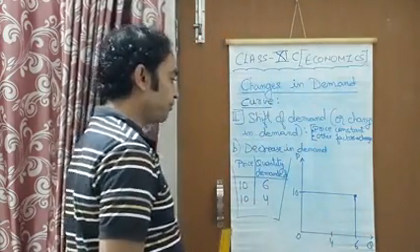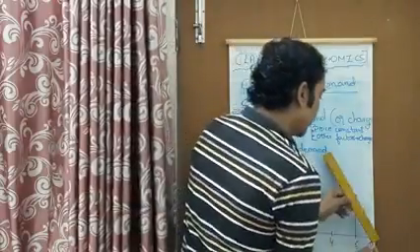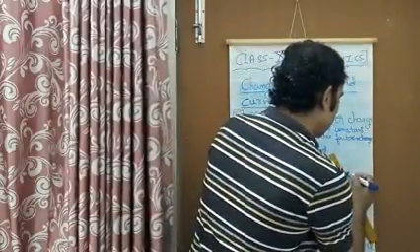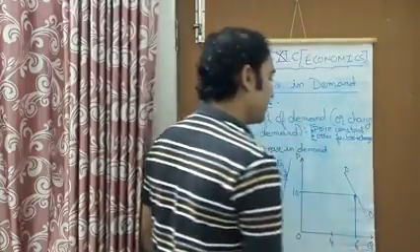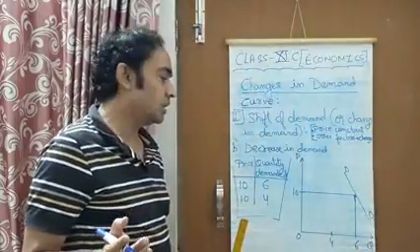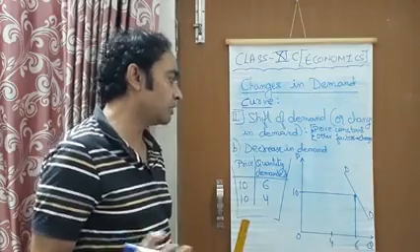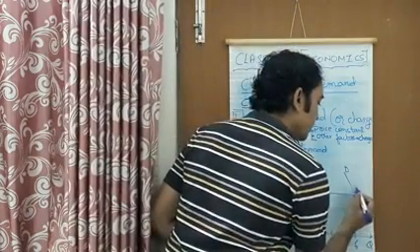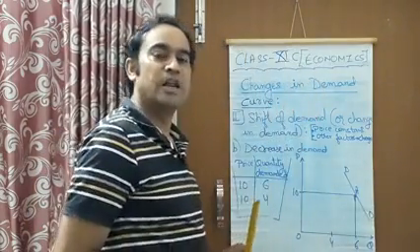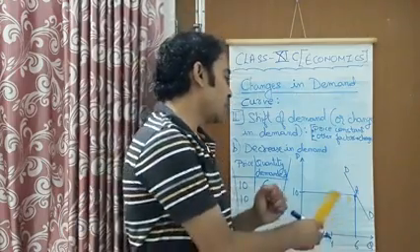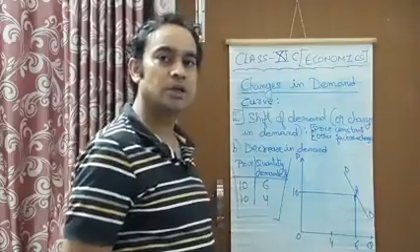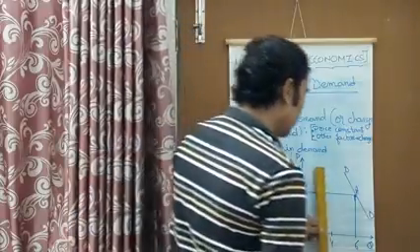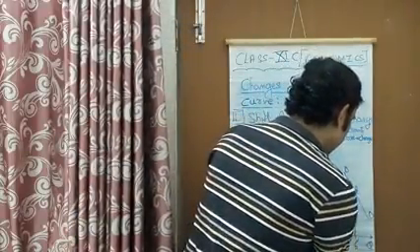After this, we will make the demand curve. This is the initial demand curve, and we'll call it TD. We'll name this point A point. And after this, when the demand is going to fall from 6 to 4 units, then you will see we'll get the new demand curve here.